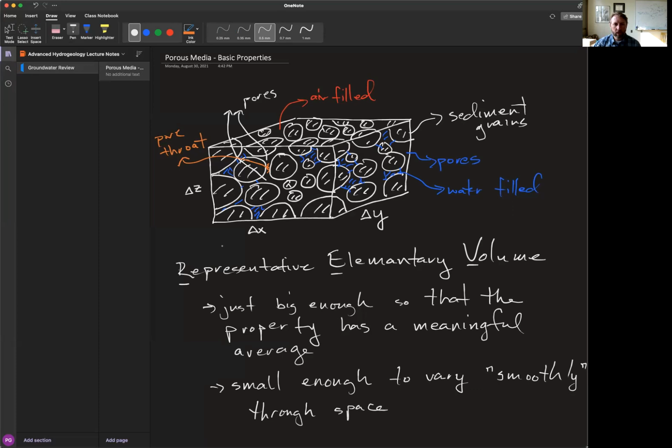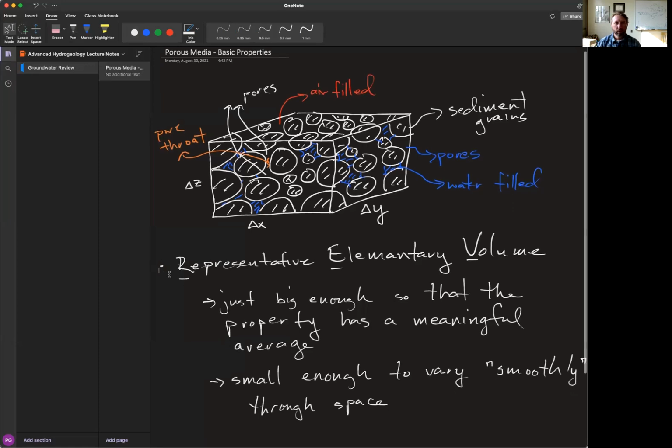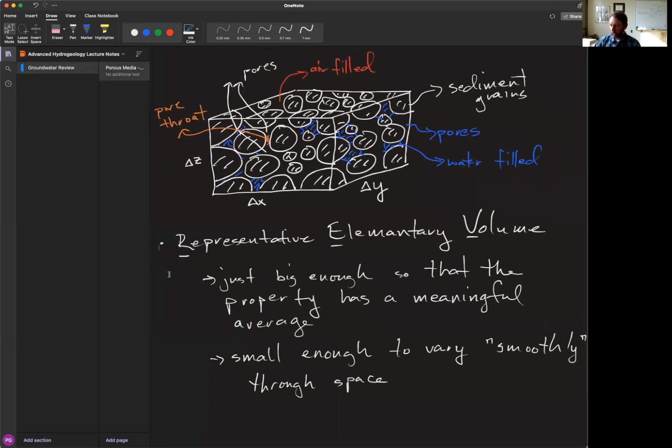All right, and I hope that definition is useful for you, but if it's not, I hope it becomes clearer as we continue on in our lecture.